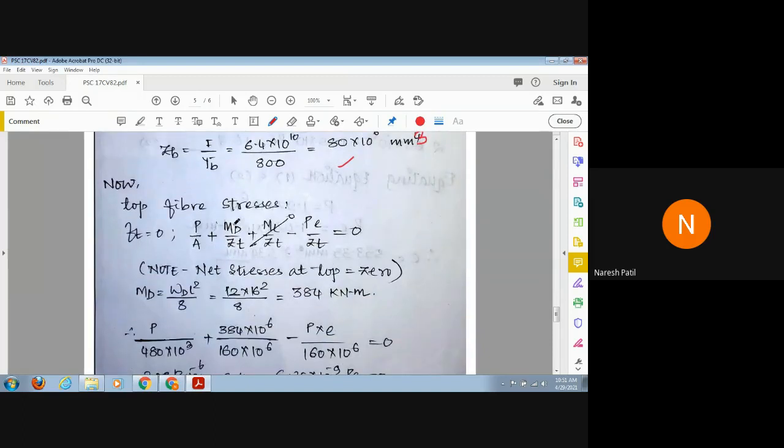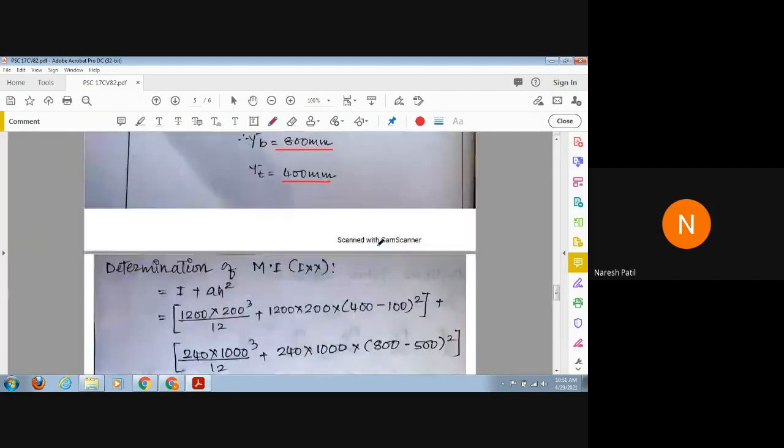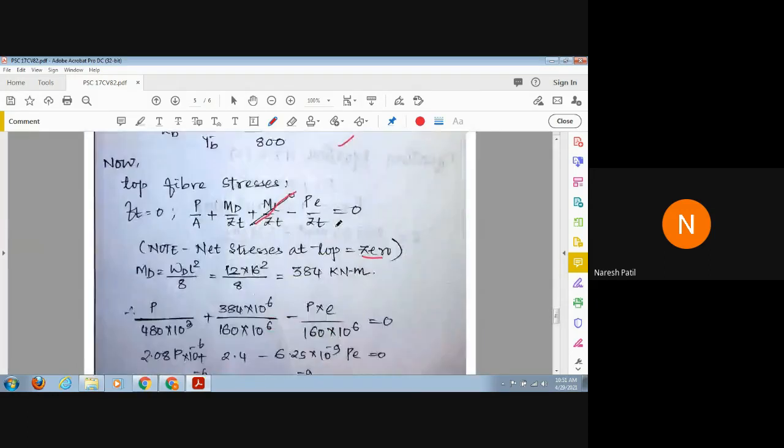Then the top fiber stress: P by A plus MD by Z, ML by Z. No live load is given, so this will be neglected. So P by A plus MD by Z minus PE by Z should be equated to 0, because they have mentioned the top fiber stress should be equated to 0.